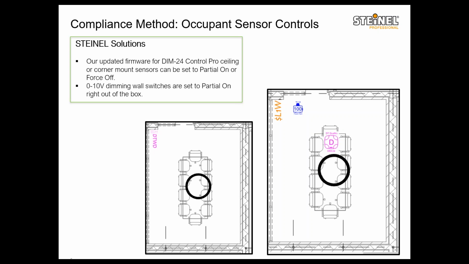And our 0 to 10 volt dimming wall switches are set to partial on right out of the box. So you really don't have to do much with those to meet the code requirements. Obviously, simpler product, easier setup.